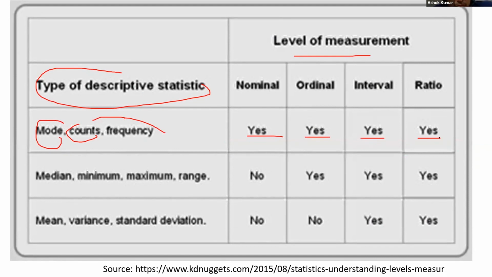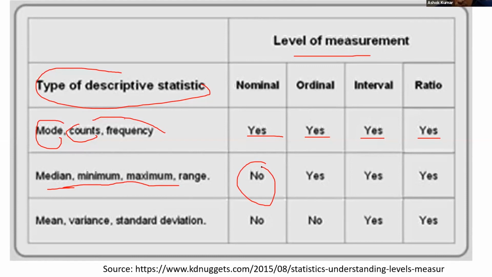You can do that, no problem. And I will explain more. When we talk about median, minimum, maximum and range, for nominal you cannot do that. Never do it.